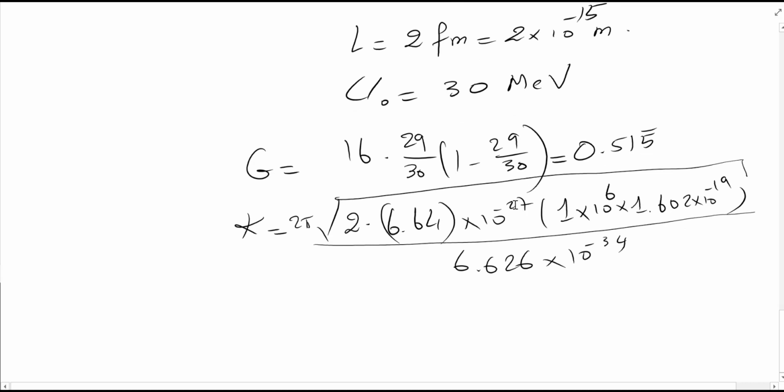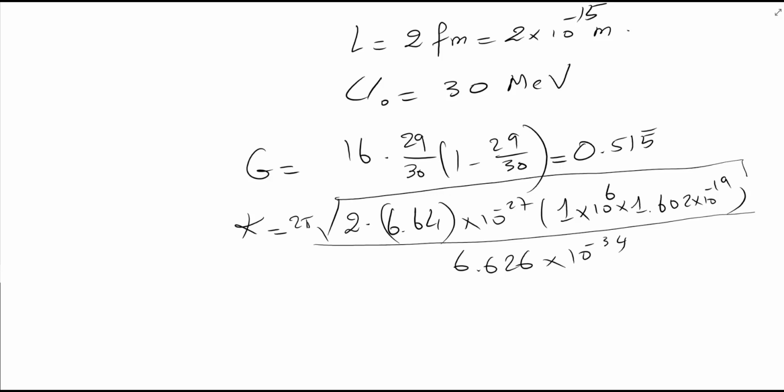Although you have a square root of 10 to the negative 27 and negative 19, that's negative 46, and when you divide that by 2, it's going to be 10 to the negative 23. And don't forget you have 10 to the negative 34 in here. When you take it upstairs, it's going to be a lot of numbers. So let's see how that is.